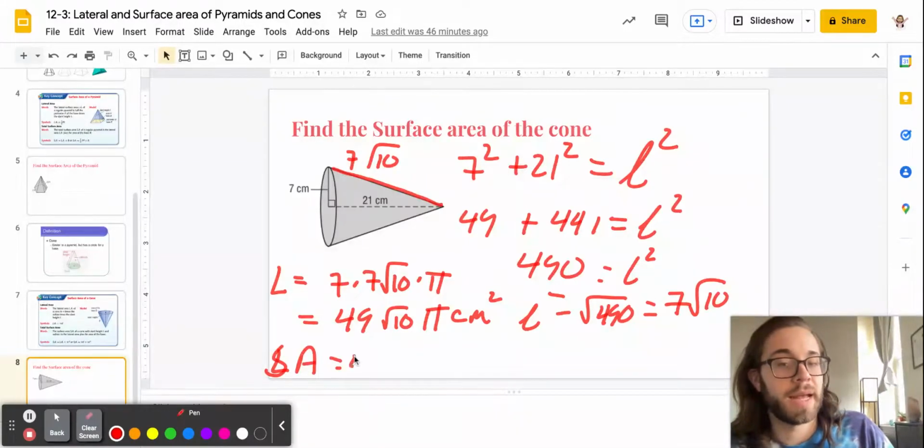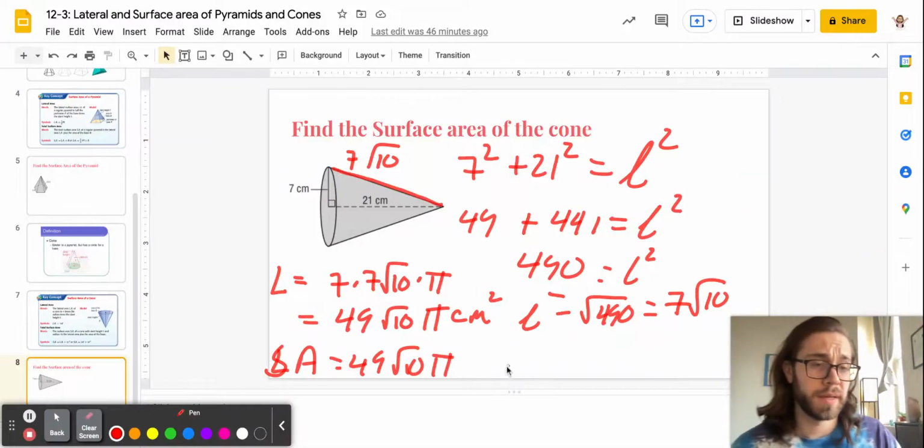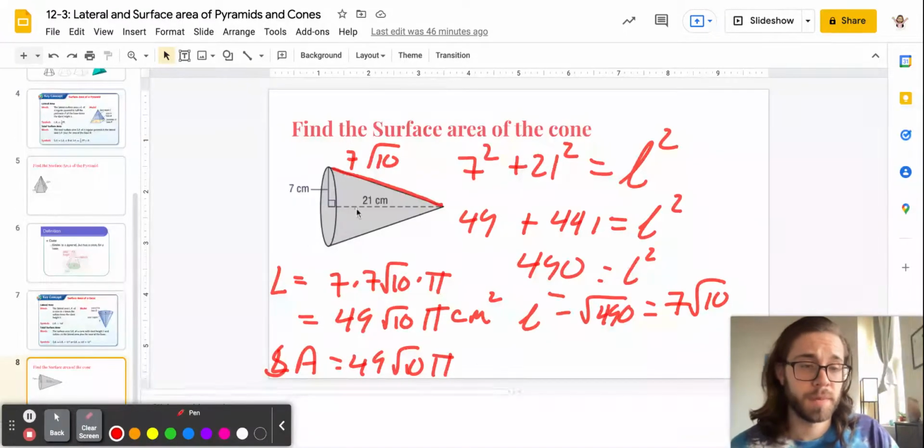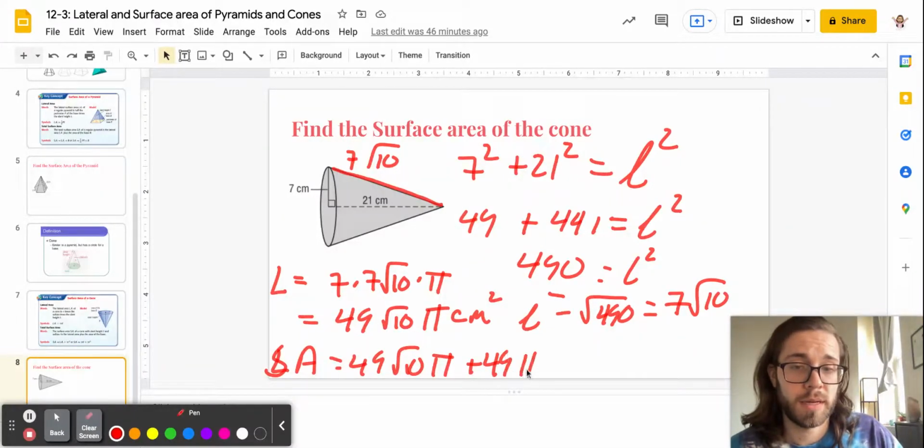To get the total surface area, we'll have to add that to the area of the base, which is relatively straightforward because it's just pi r squared. So it would be 49 pi. Let's see, is there anything I can simplify? Well, they both have the 49 and the pi.